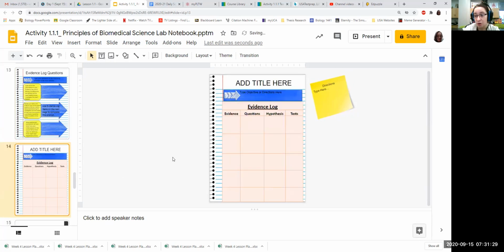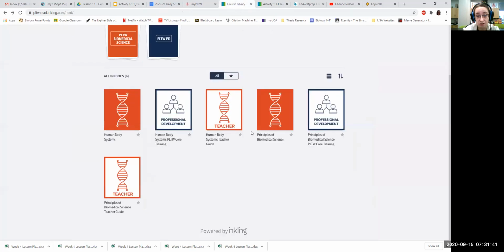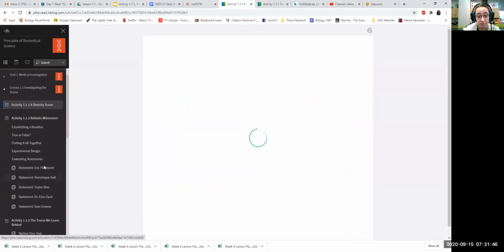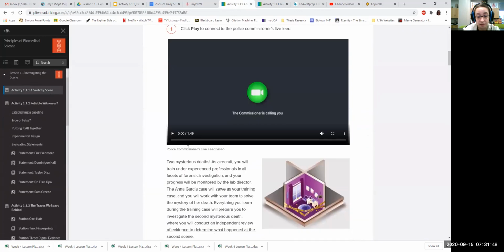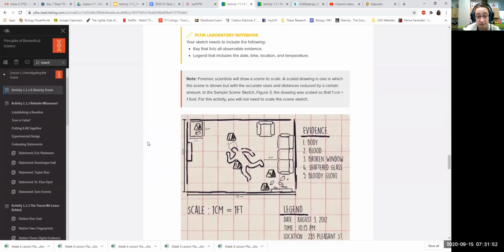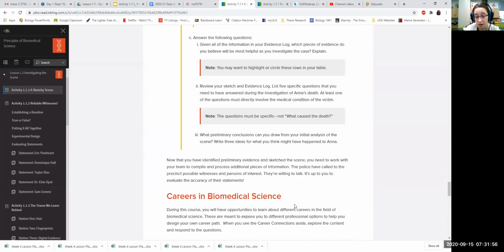which I have already provided you with the table, this starts at step 5 and it ends right before the careers in biomedical science.